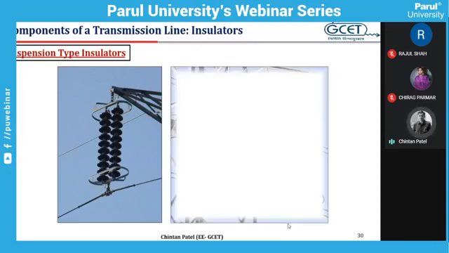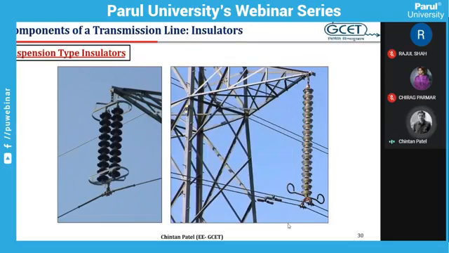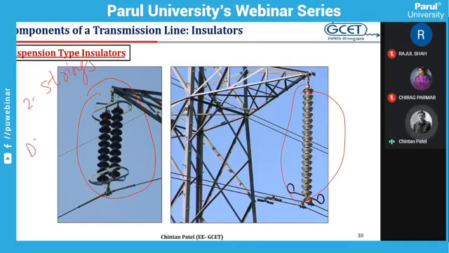Here you can observe 2 types of suspension insulators. In this case, you can see there are 2 strings, and here there is only 1 string. So this is called the double suspension insulator, and on the right hand, this is known as the single suspension insulator.